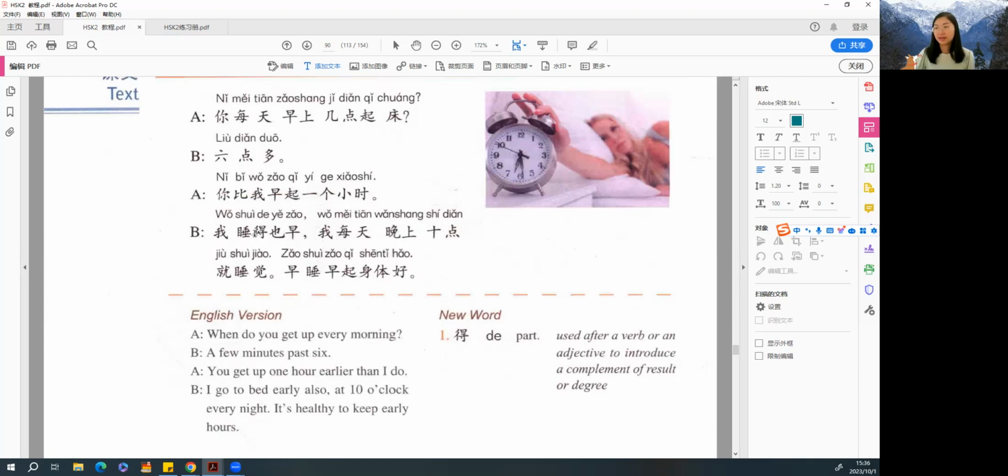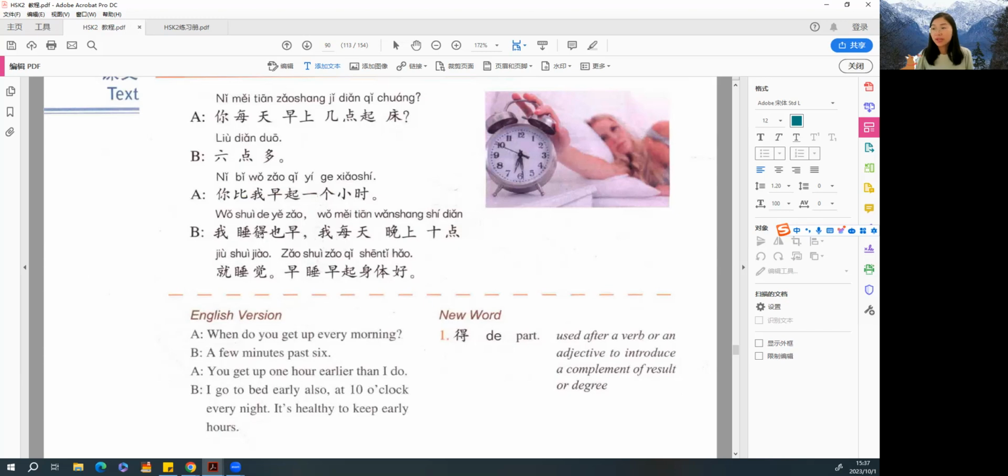So 睡得早, 睡得晚 which means sleep very late. 睡得好 which means I slept well. 睡得不好 which means I didn't sleep well. Probably I had a nightmare. So I didn't sleep well last night. 睡得不好.